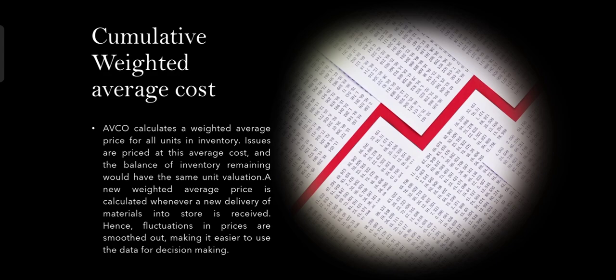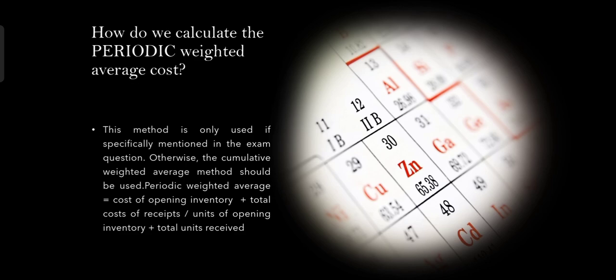A new weighted average price is always calculated whenever a new delivery of materials into store is received. Therefore, fluctuations in prices are smoothed out, making it easier to use the data for decision making.